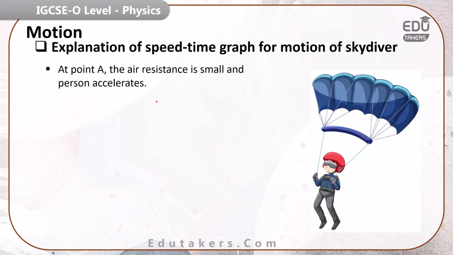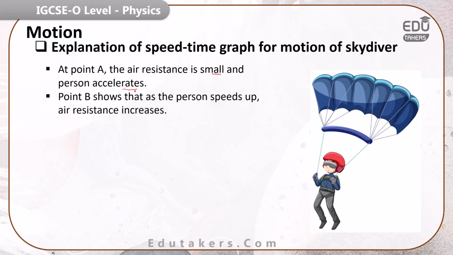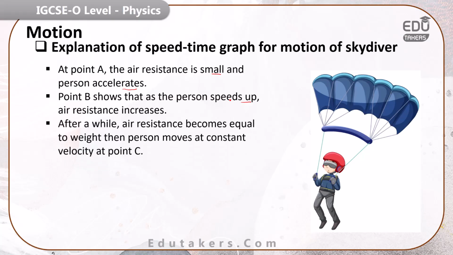So the explanation for this graph is given here. At the point A, the air resistance is small and the person accelerates, meaning the skydiver accelerates. At the point B, as the person speeds up, the air resistance increases, because by increasing the speed, of course, the air resistance increases. After a while, the air resistance becomes equal to the weight.